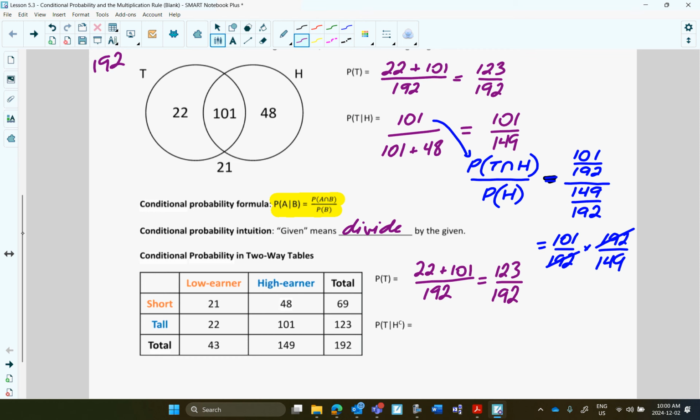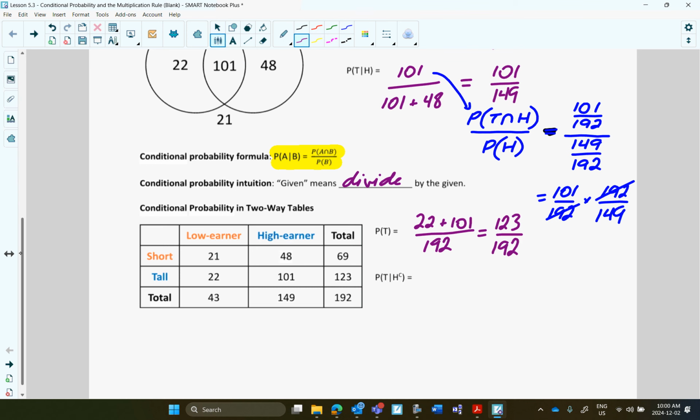So using that probability formula for the second one, we would have to find, if we want to find the probability of selecting a tall man, given that they're not high income. So we want to find the probability of tall and low income, which is really what HC means.